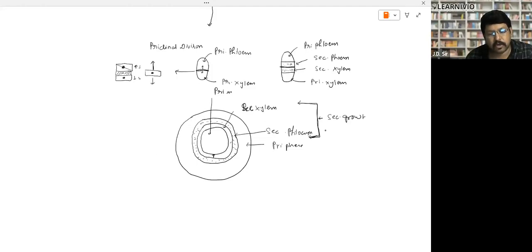And due to addition of these two layers, what will happen? Thickness of the stem will increase.